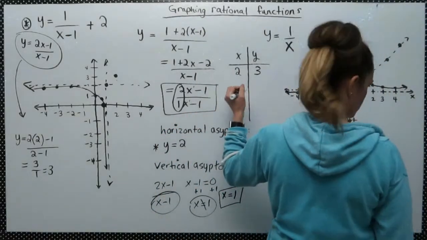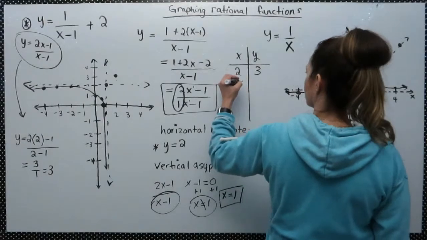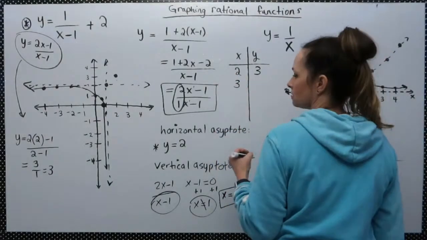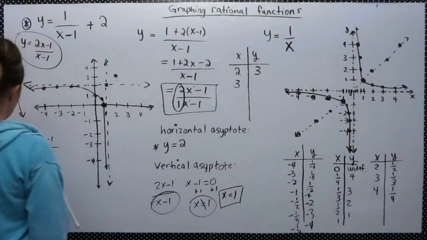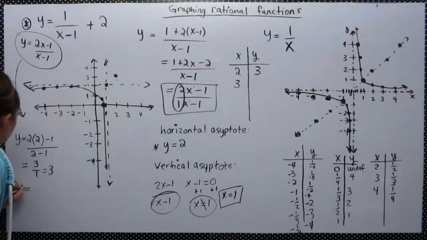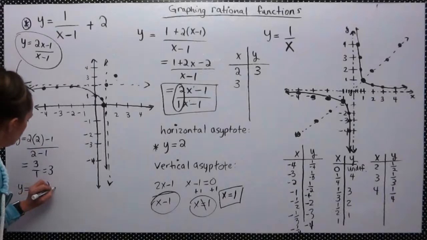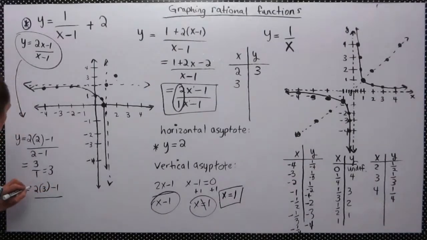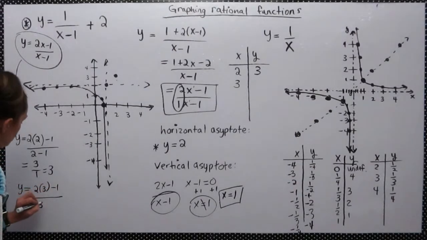So when x is 3, I'll do one more. y equals 2 times 3 minus 1 over 3 minus 1.